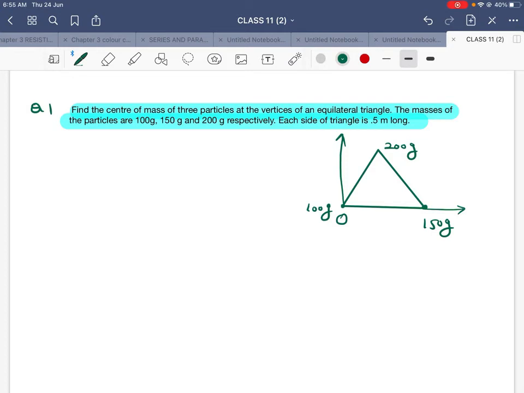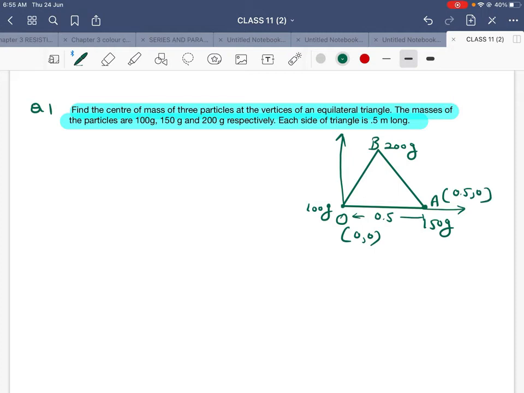To find the position of the center of mass, we should know the coordinates of points O, A and B. Point O lies on the origin, so it has coordinates (0, 0). Point A lies on the x-axis, so its y component is 0, and the side length is 0.5 meter, so its coordinates are (0.5, 0).